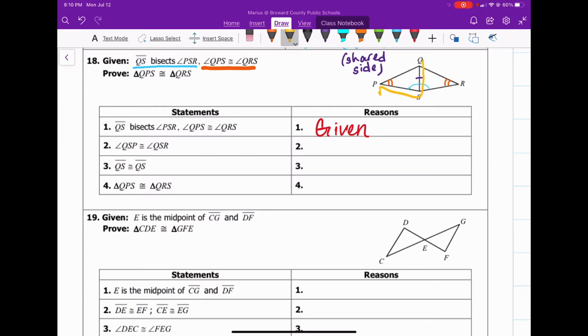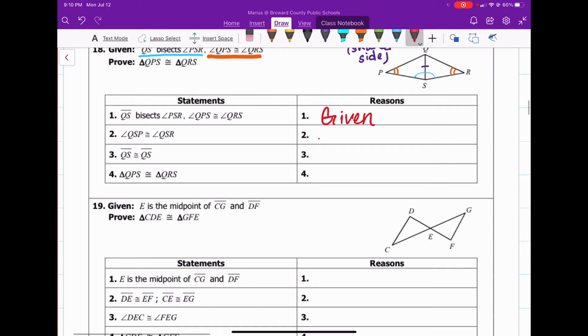Those two angles are the result of the angle bisector. So that's what we're going to put, angle bisector, or definition of angle bisector, because that's why those two angles are congruent.